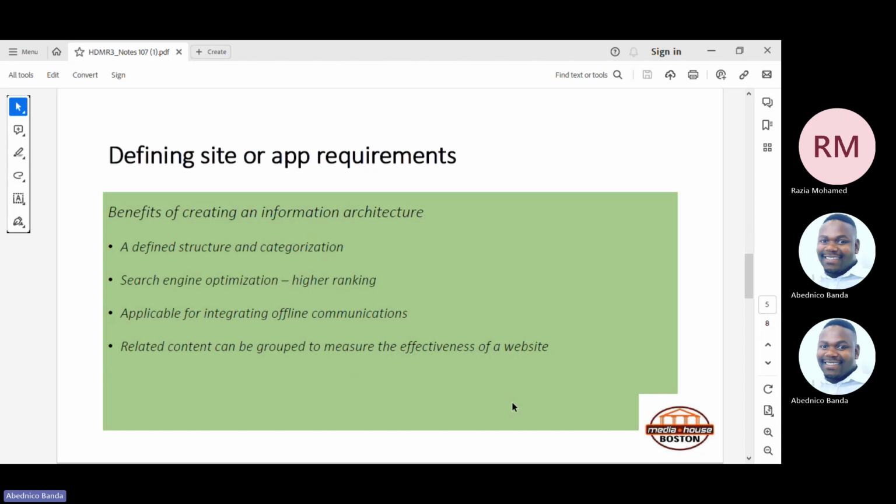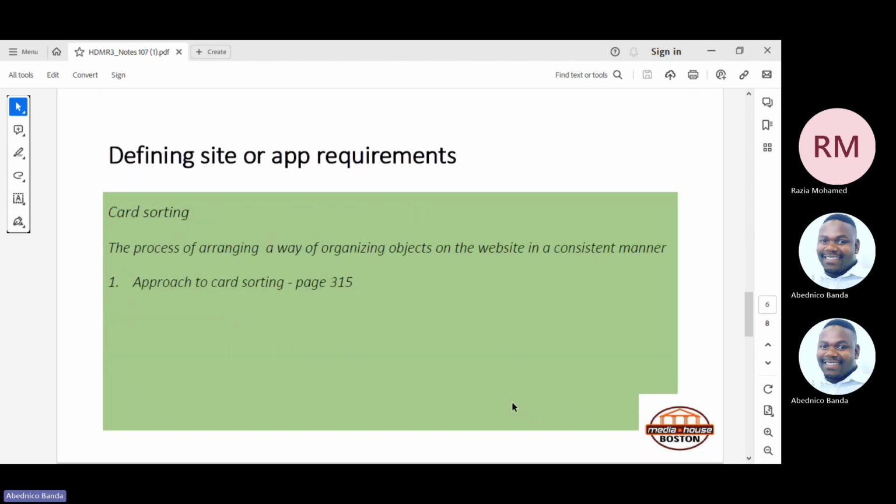Are there any questions so far? No questions. Okay. So you would have something called card sorting. It's the process of arranging, a way of organizing objects on the website in a consistent manner. And you can have a detailed approach to card sorting on page 315.